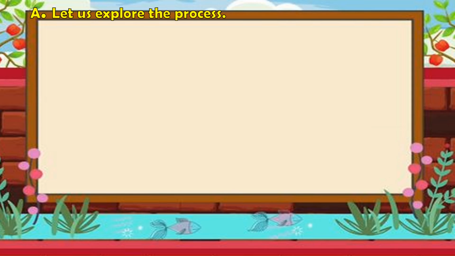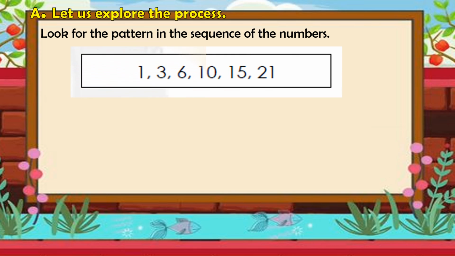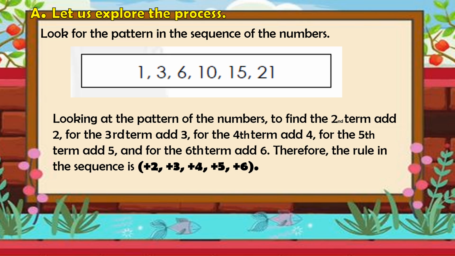For letter A, let us explore the process. Look for the pattern in the sequence of the numbers. So we have 1, 3, 6, 10, 15, and 21. Looking at the pattern of the numbers, to find the second term, add 2.